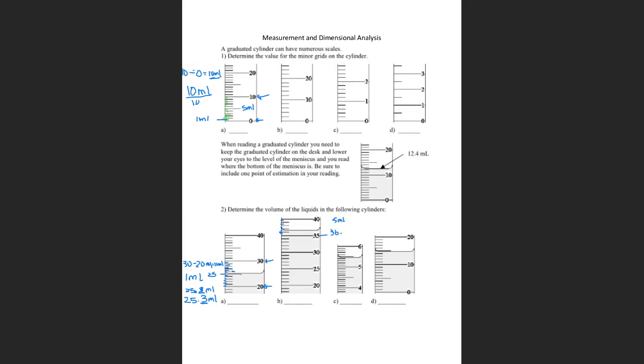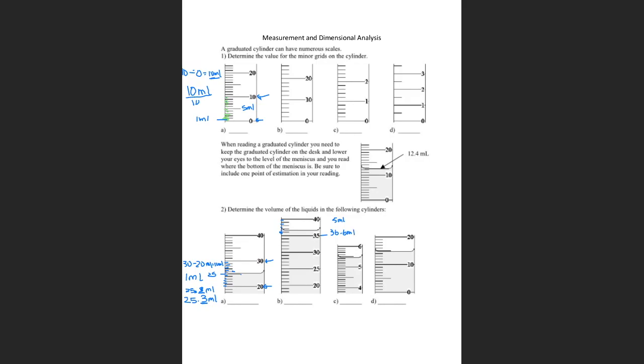It's hard to write the point. 36 point. Now I have to estimate this value. It looks like right about either 5 or maybe 6, slightly above halfway. I'll say 0.6. Sorry, 36.6 milliliters, right?